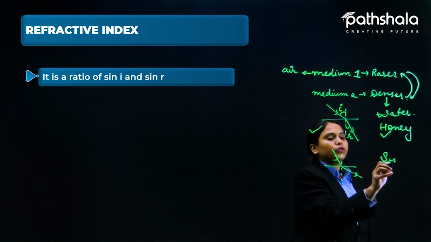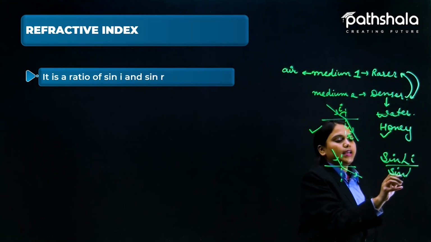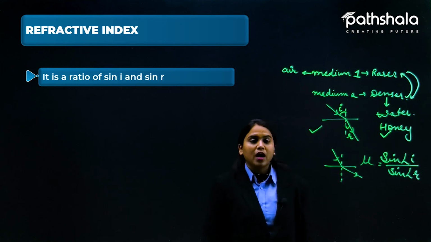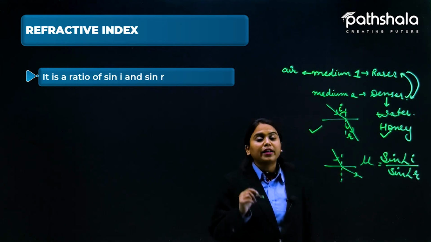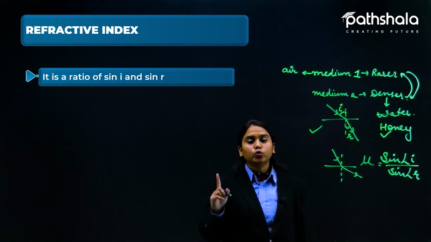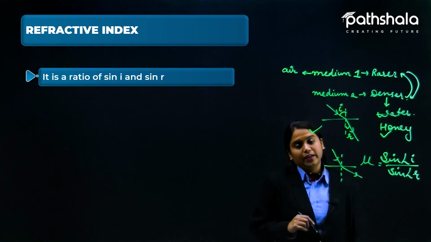So when we take their sines, sine i and sine r, this is going to give you one number, and that number is the index number of a particular medium, according to which the light is going to change its path obliquely in that particular medium.